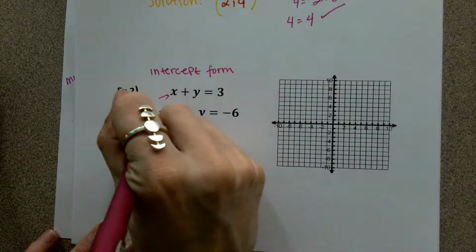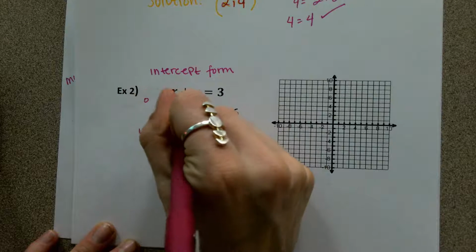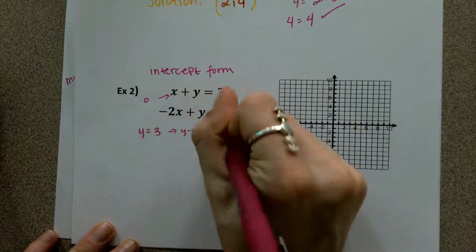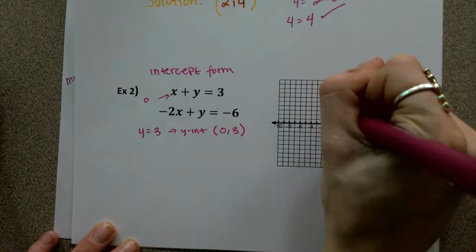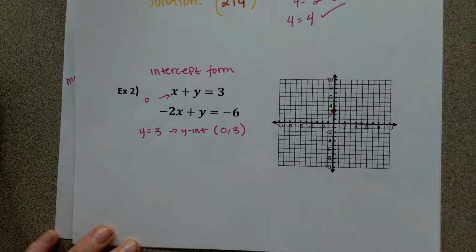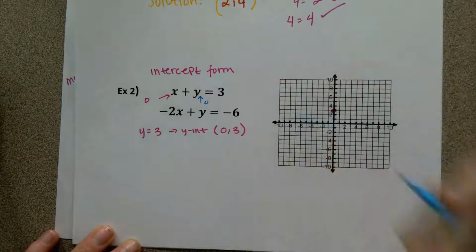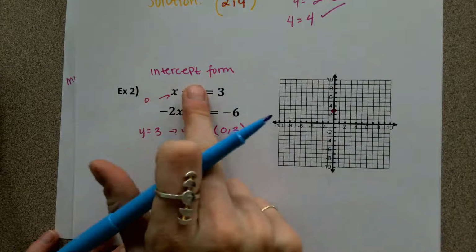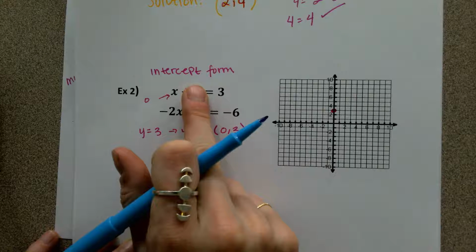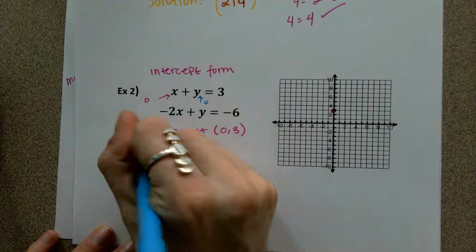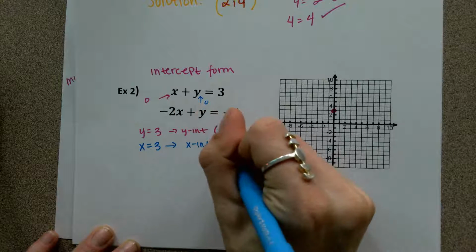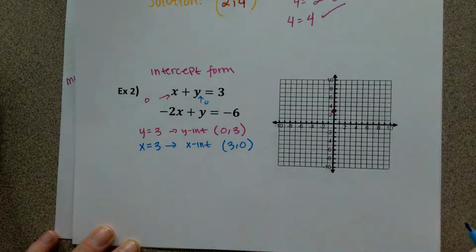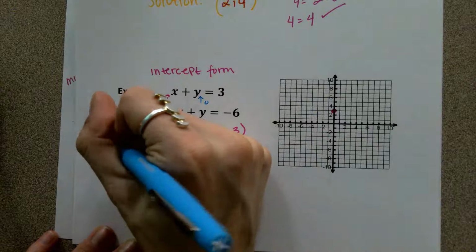So we'll have y equals 3. So my y-intercept, we just solved for my y-intercept, is 0, 3. So we go ahead and plot that. If I plug 0 in for y and cover y up, I write what's left over. So I have x equals 3 left over. So that's my x-intercept for my first line.